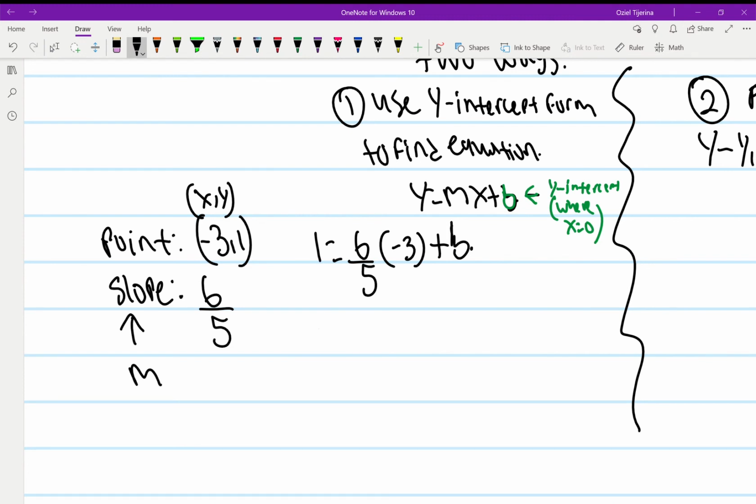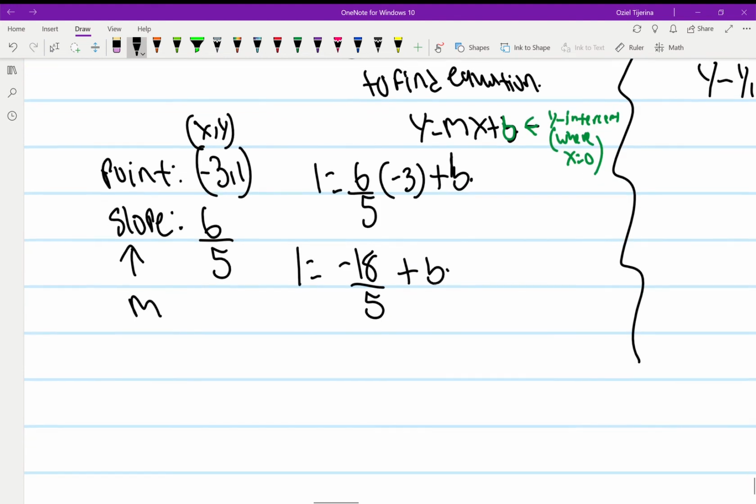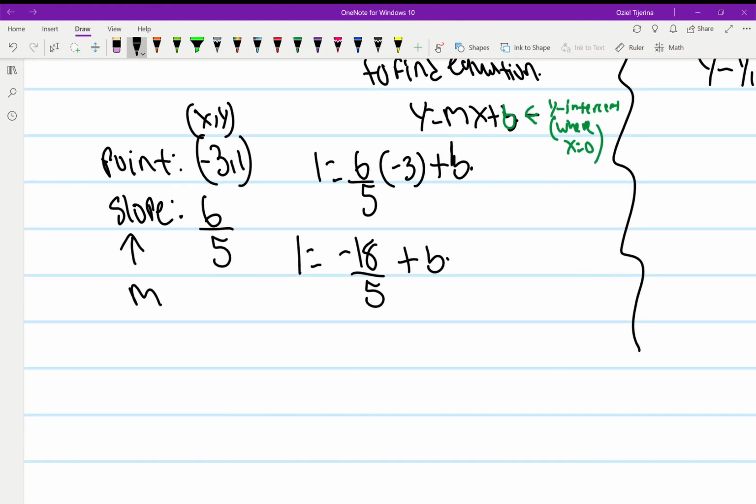So you have 1 equals -18/5 plus b. And I'm sure in past classes they taught you how to add fractions with whole numbers, okay? If anybody is confused with how to add fractions with whole numbers, you need to let me know right away, because I can make a video on how to do that.